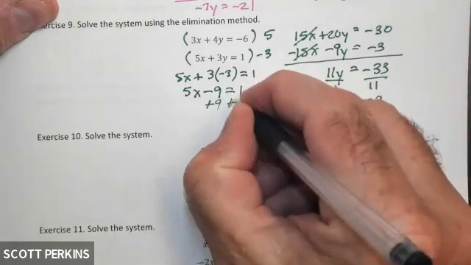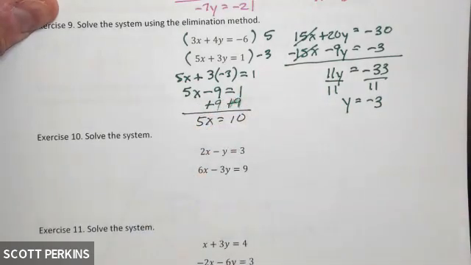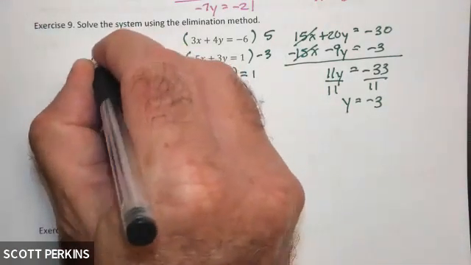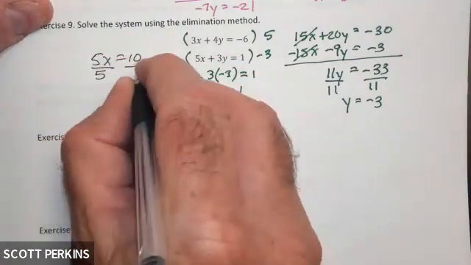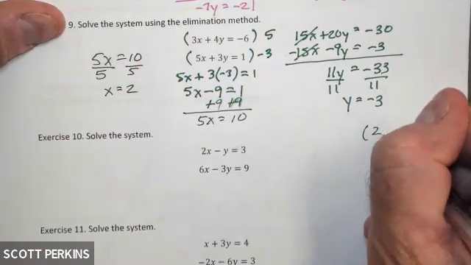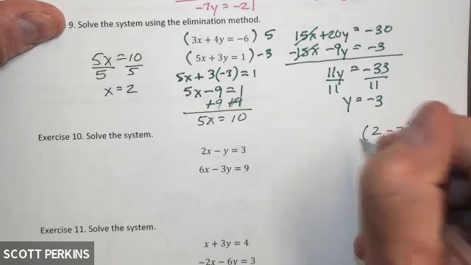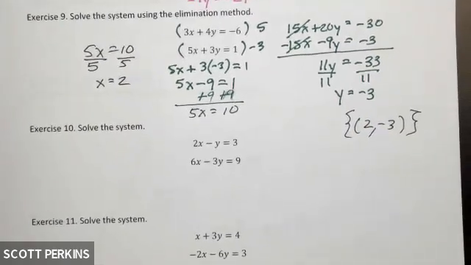All right, so I'm adding 9 to both sides, and I get 5x is equal to 10. And then I will divide both sides of that by 5, and you can see pretty clearly that we're going to get an x value of 2. So my ordered pair is the x value 2, the y value -3. Put some squigglies around it because it's a solution set.